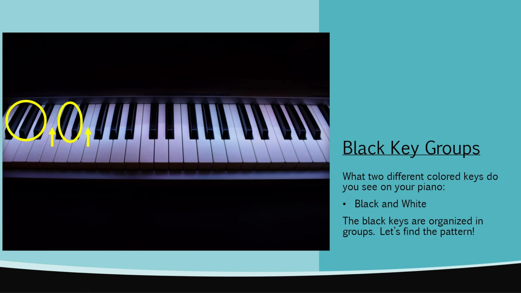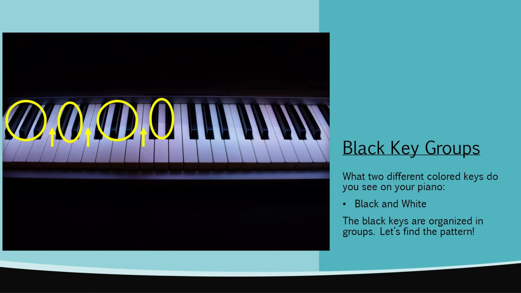We have another gap. How many black keys are in this group? Yeah, there's 3. And then we have another gap. And here's another group of 2 black keys. Can you see the pattern?